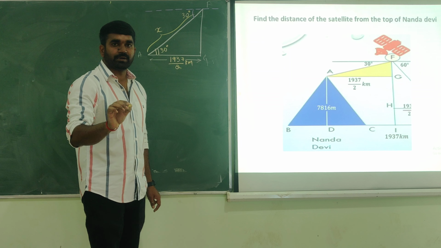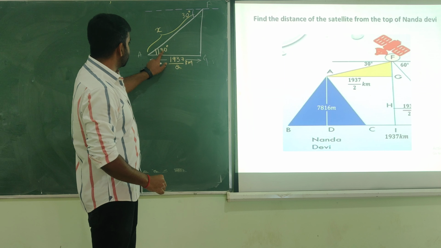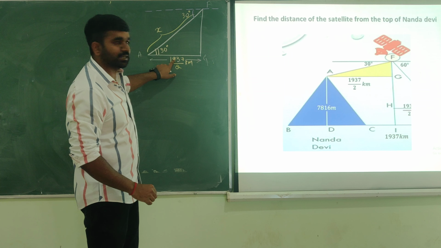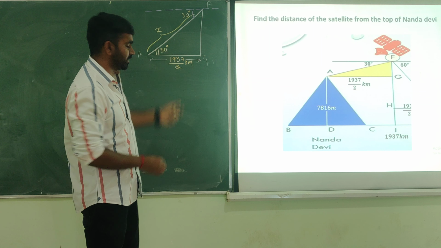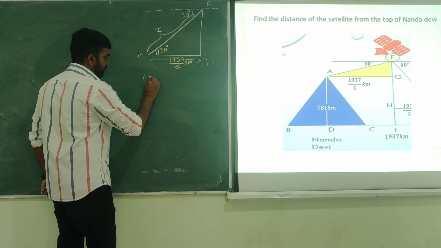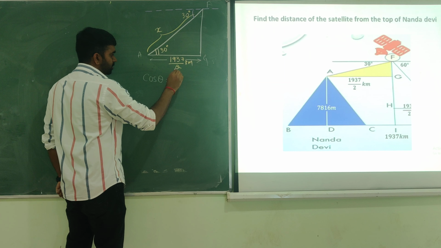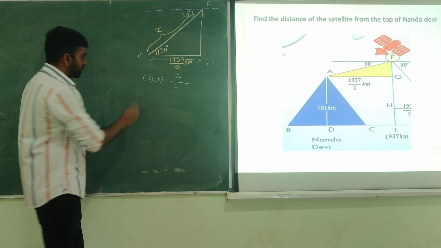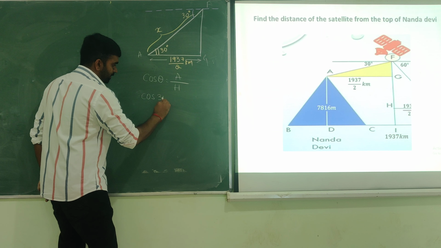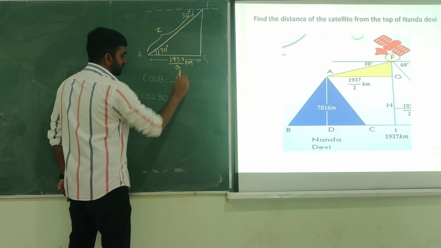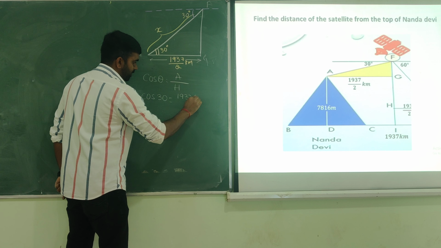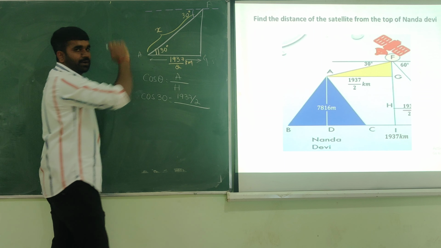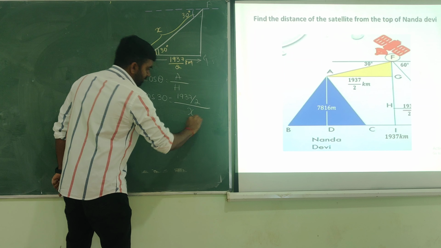Now, which trigonometric function should we choose? Here this is our reference angle. With respect to the reference angle, this is the adjacent and this is the hypotenuse. So we take cos theta equals adjacent divided by hypotenuse. We know the value of theta. Cos 30 is equal to the adjacent, 1937 divided by 2, whole divided by the hypotenuse, which we have taken as x.